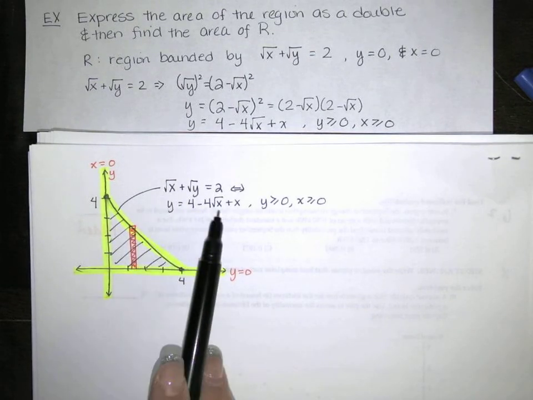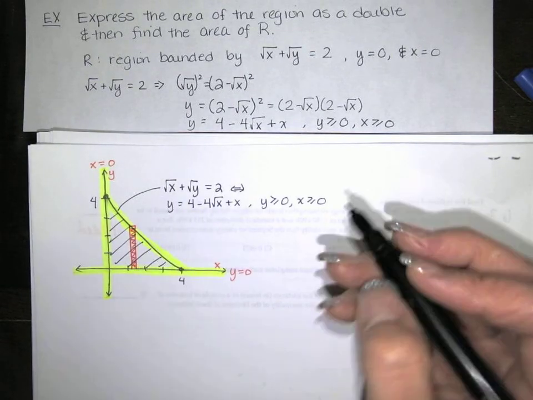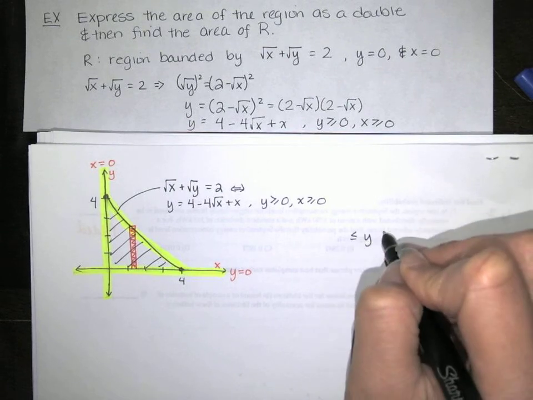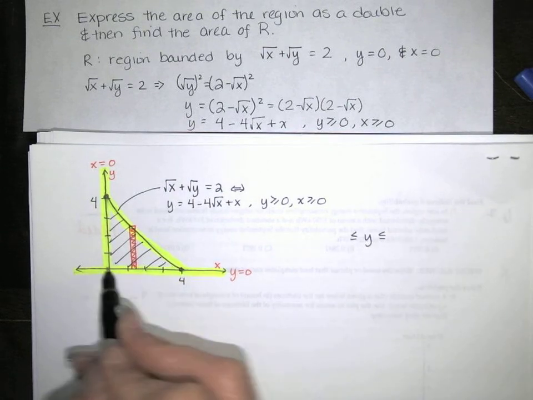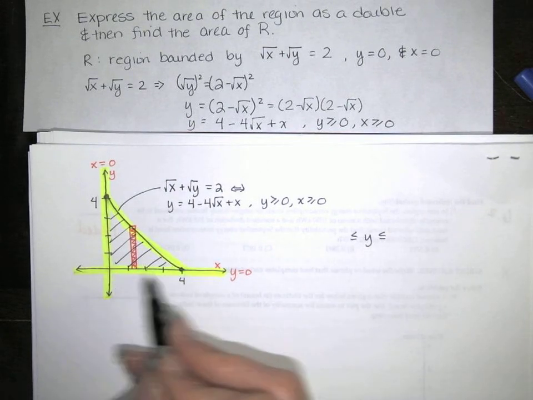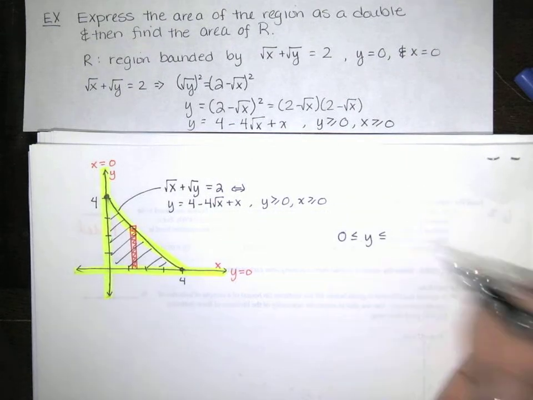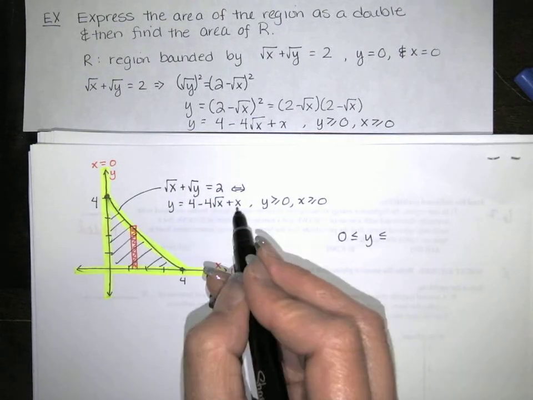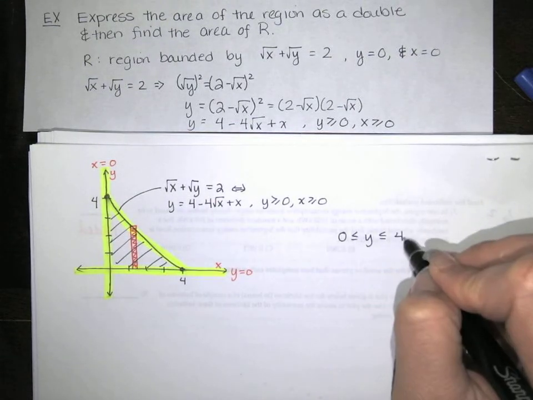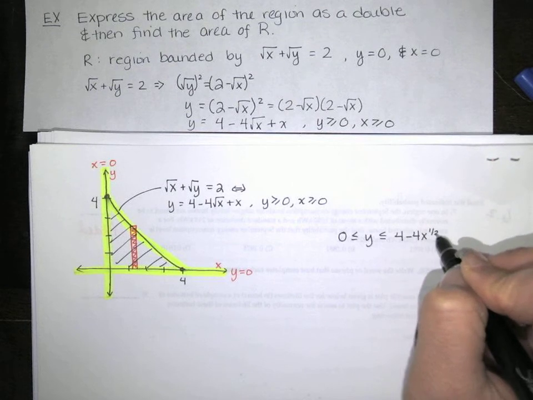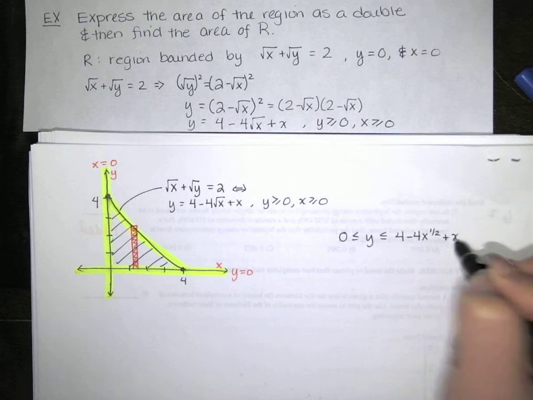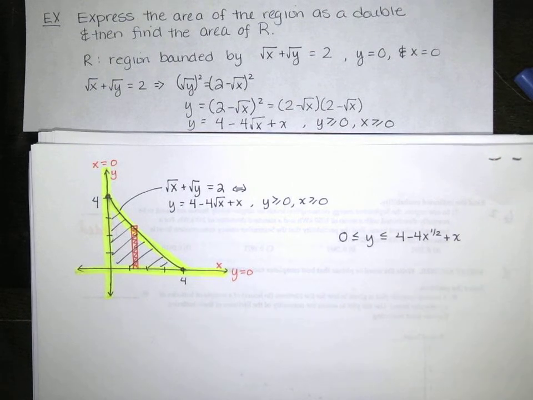So using this version of the equation, y goes from a function of x to a function of x. The bottom function for y is just 0, since y equals 0 on the x-axis, and the top function is this. I'll write it as x to the 1/2 power because that'll make it easier to integrate in a little bit.